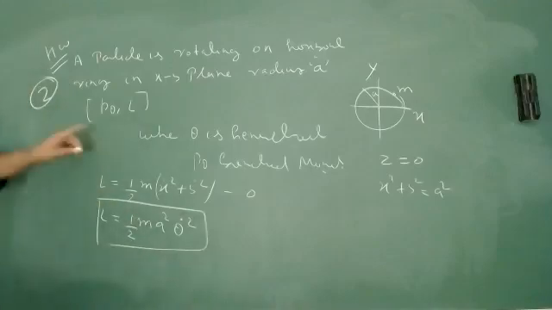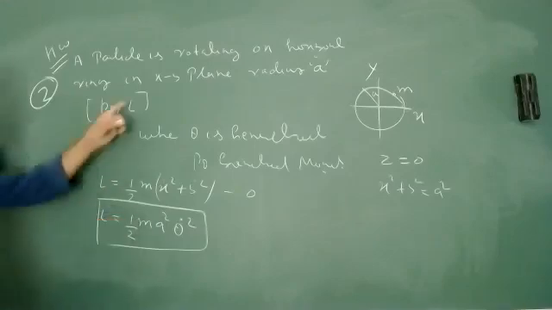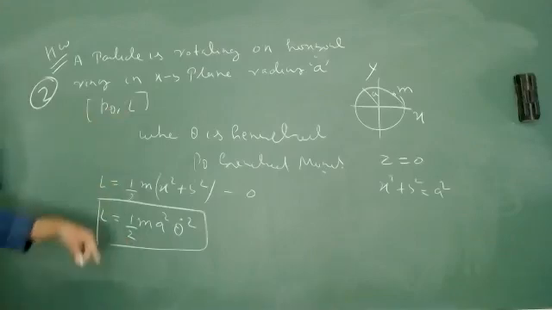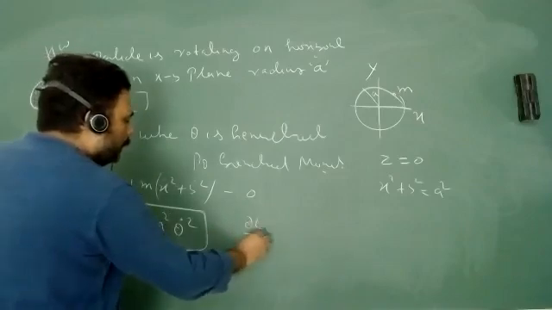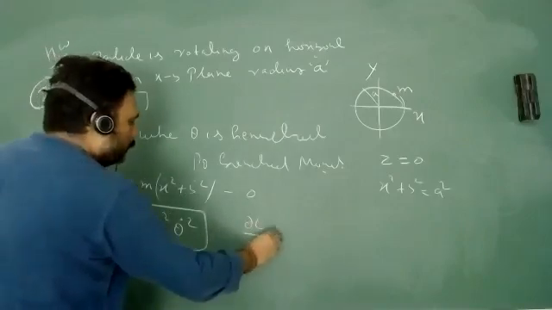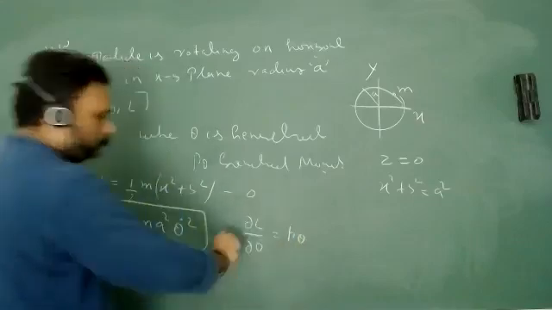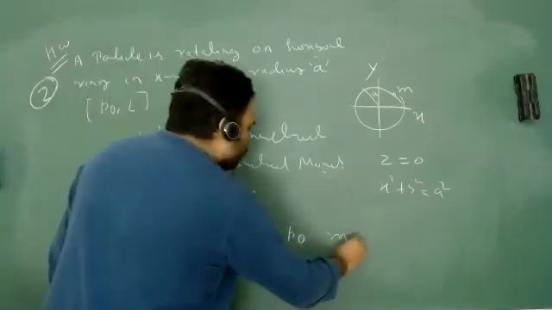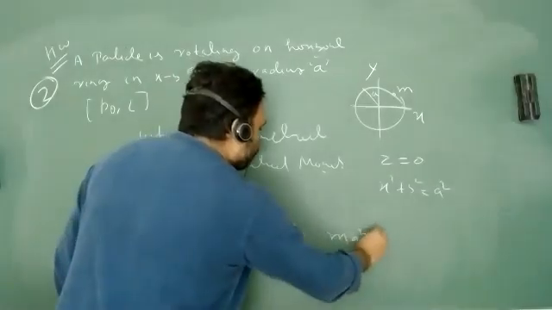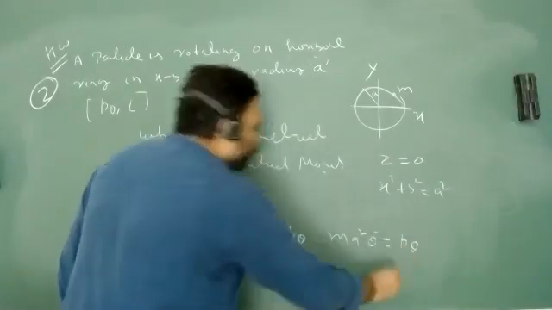But when we are using this particular term, what do you have to do? You have to convert it into generalized momentum. The generalized momentum is del L upon del theta dot, which is equal to P theta. Del L upon del theta dot is equal to P theta, means m a square theta dot is equal to P theta.